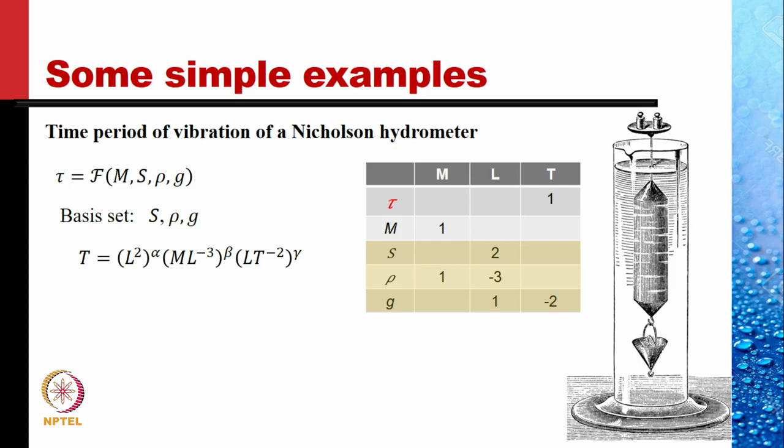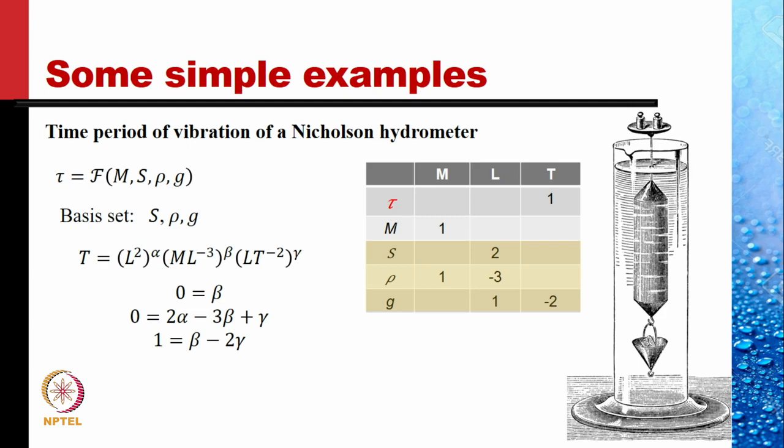And matching the dimensions of M, L, and T: on the left hand side there are no dimensions of M and L, only T. On the right hand side the dimension of M is only beta in the middle term.